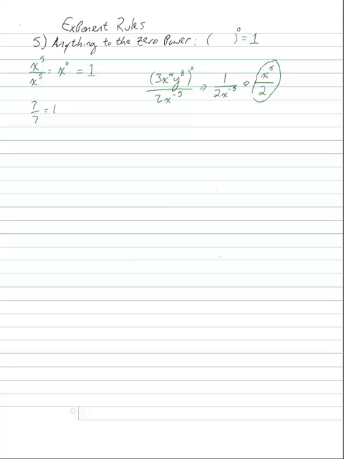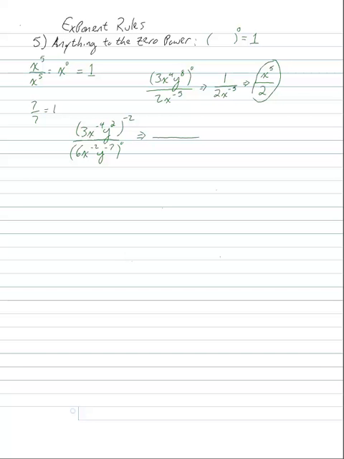Let's set up another one that could be a little bit more difficult. (3x to the negative 4, y squared) over (6x to the negative 2, y to the negative 7). Make the denominator to the 0, and the numerator to the negative 2. Again, first thing I want to do is get stuff out of parentheses.